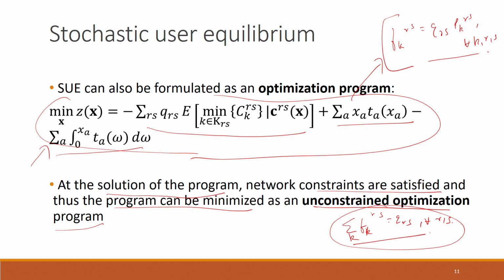So that is why we had not started with any arbitrary solution. We had started with the case that let us do the assignment of the flows using all or nothing assignment, and in the all or nothing assignment it is automatically ensured that the sum of the flows on all of the different paths connecting any OD pair should sum to the travel demand, because anyway we assign all of the travel demand for every OD pair to the path that is the shortest. Okay. So it automatically ensures that all of the flows that are summed across different paths equal the travel demand. Okay.